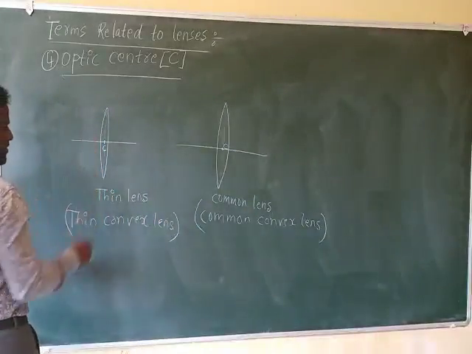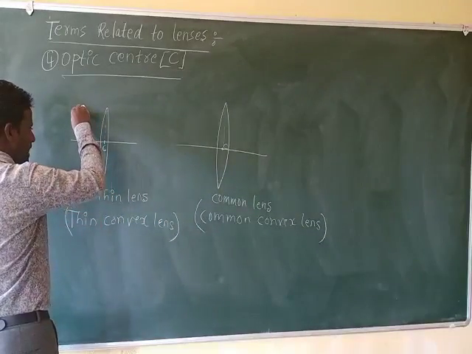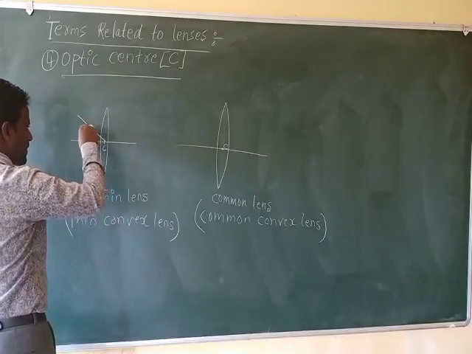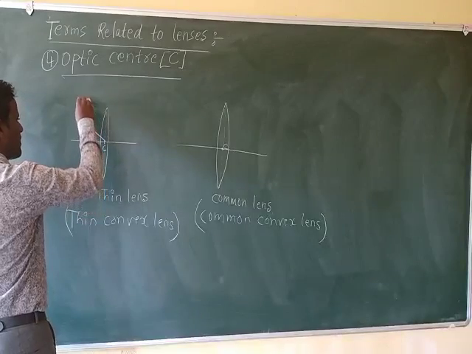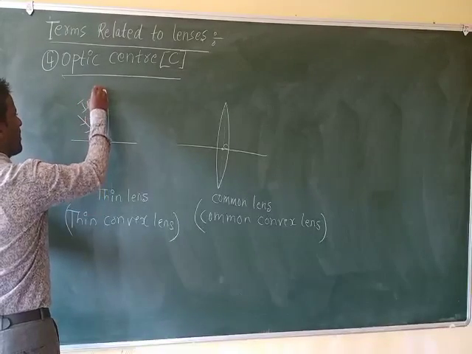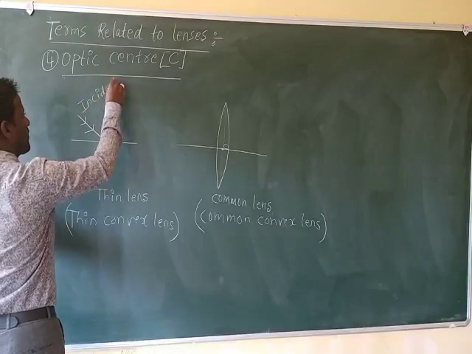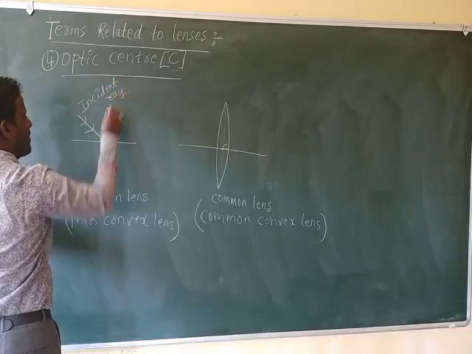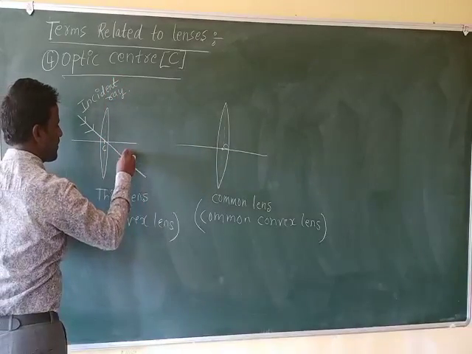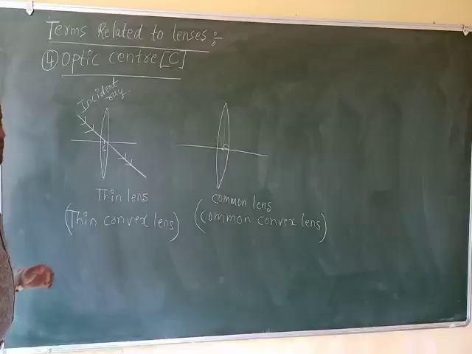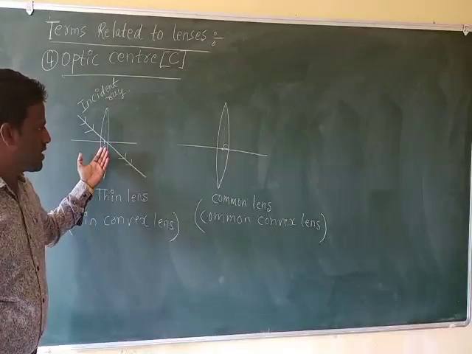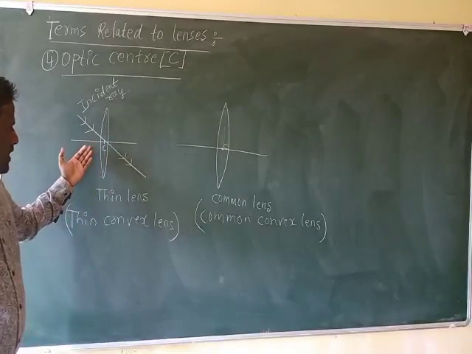In the case of a thin lens, this is the incident ray. If the incident ray passes through it, it passes undeviated, meaning it passes without showing any refraction in a thin lens.